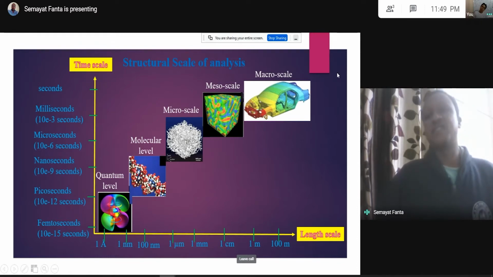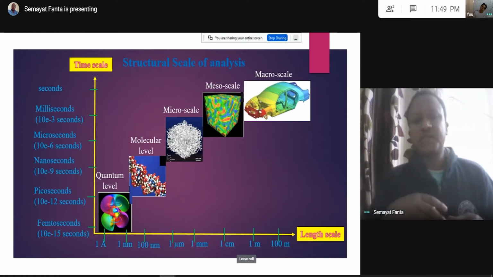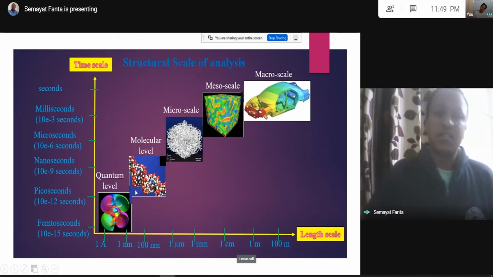Then after that, structure will come. The macro scale includes the structures and, in the case of composites, the laminate. So this is the simple category of structural scale of analysis.